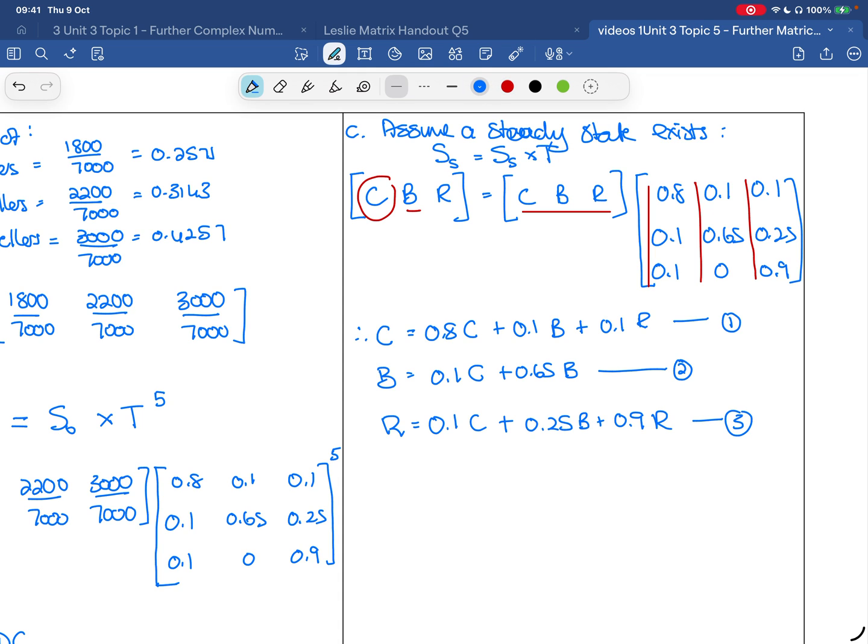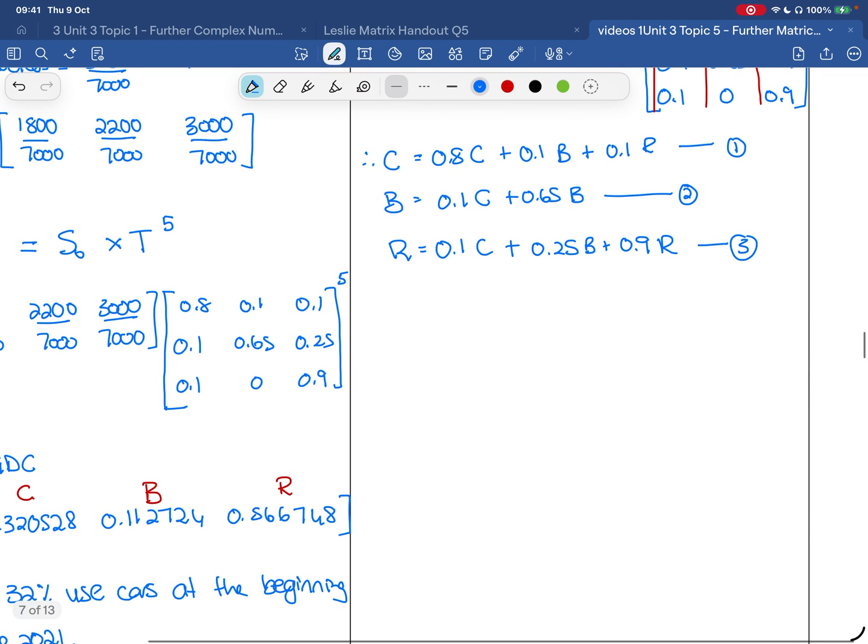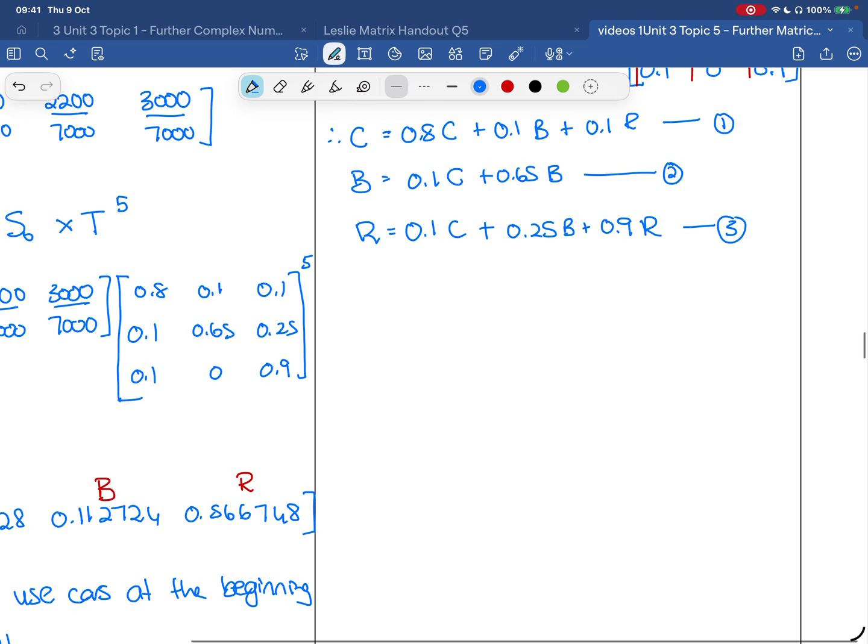Okay, and I need to just rearrange these so that I can get all my variables in the same order, because if I'm going to use simultaneous equations with my calculator, I need to have all my variables in the same order.